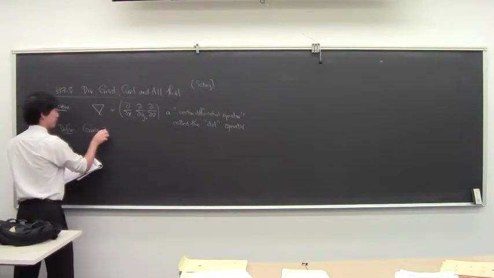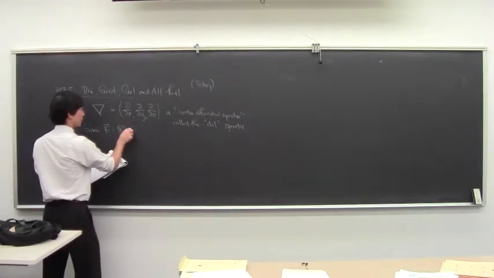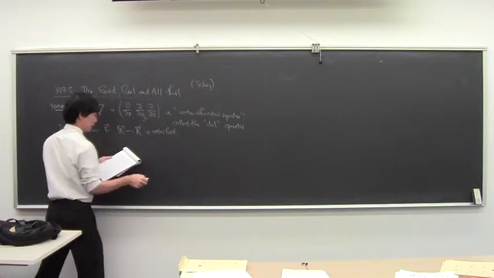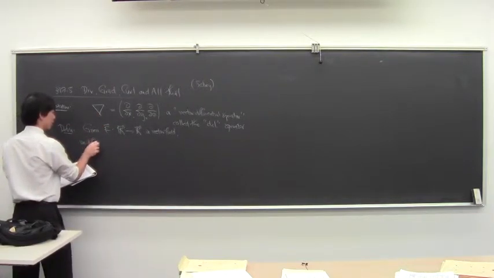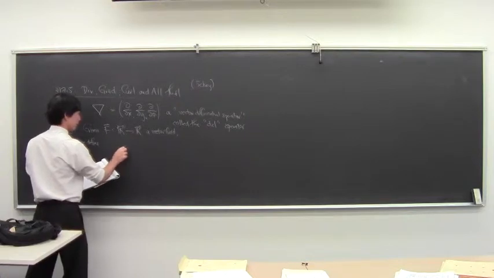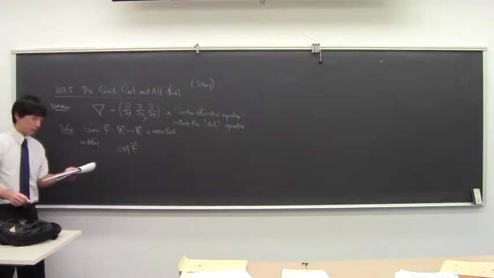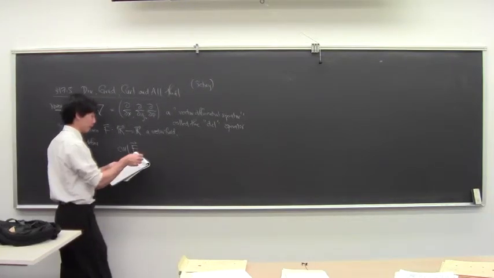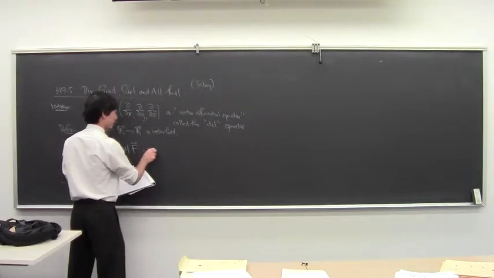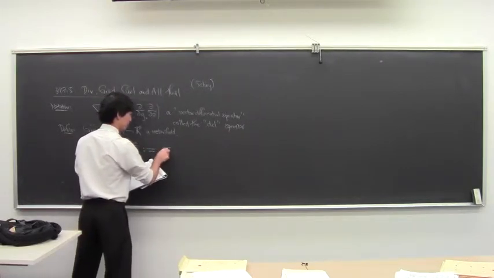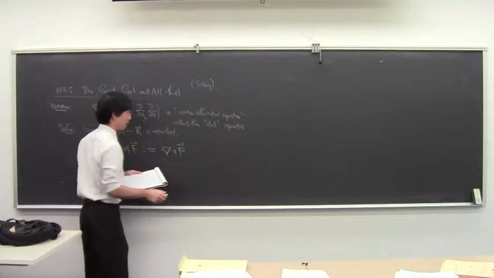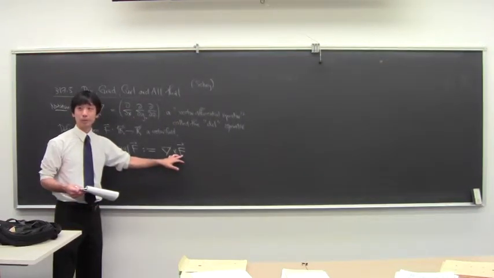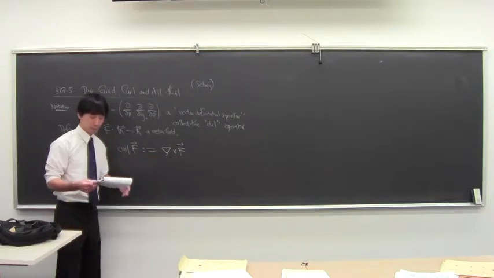Given F from R3 to R3, a vector field, we define the curl of F. What this means we'll clarify shortly: something like the del operator crossed with the field, using the notion of cross product from before.